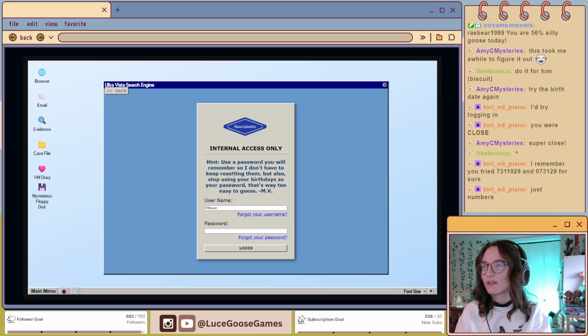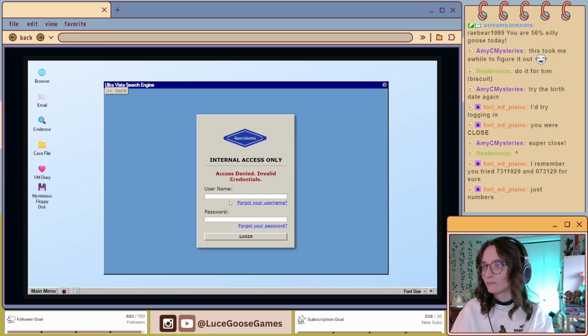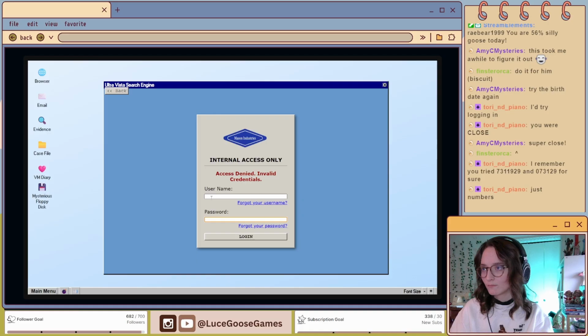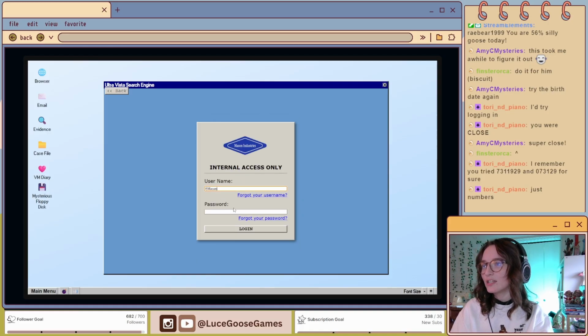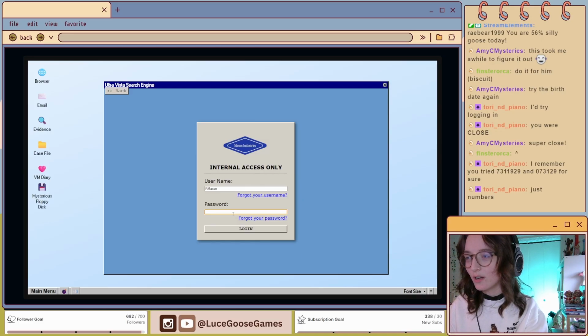Stop using your birthday as your password. I think I'd need someone to just tell me what it is, because I think I've tried several options twice.